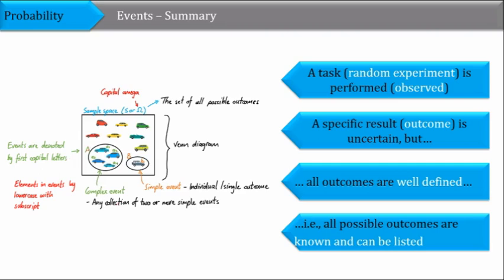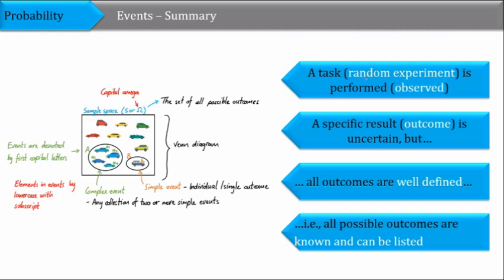Events are usually denoted by capital letters from the start of the alphabet, like A, B, C, D, or E. Very seldom will we use other letters, but it is possible. Then each element inside, just like in the case of variables, we denote by a lowercase letter with a subscript. The lowercase is just a lowercase version of the uppercase name, and the subscript says which one we're working with.